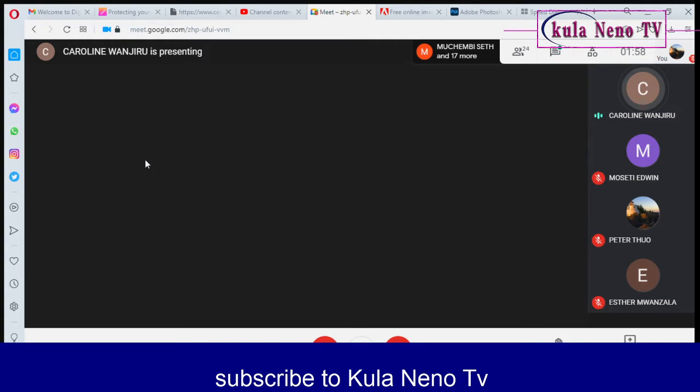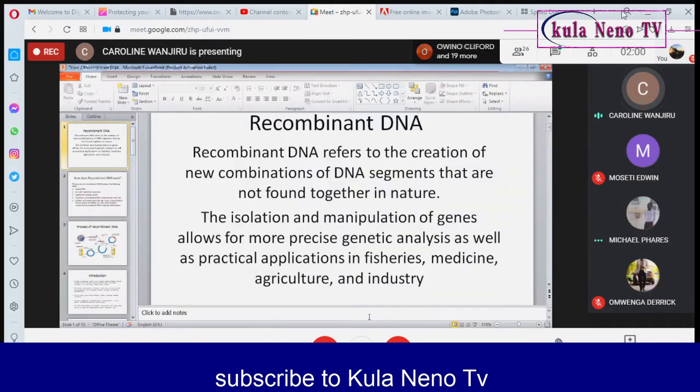In recombinant DNA, you're basically taking DNA from one organism. It could be a plant, it could be an algae.